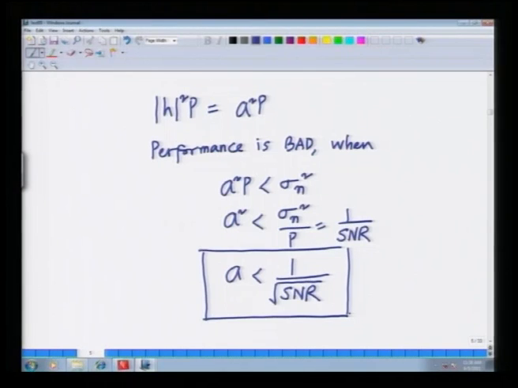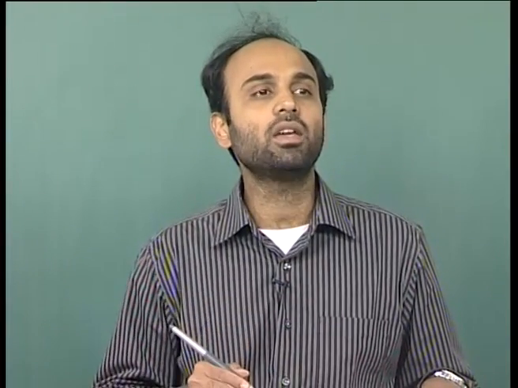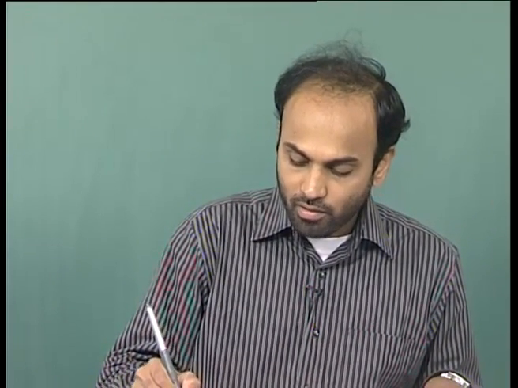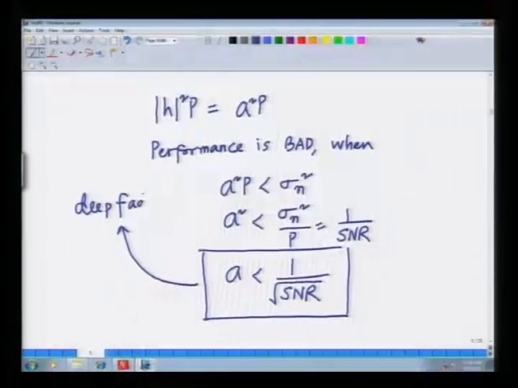When A is less than 1 over square root of SNR, the received power is much less than the noise power at the receiver, which means the bit error rate is going to be high, because the signal power is very low. So, the bit error rate is going to be very high, and this is known as a deep fade event. Why is this happening?